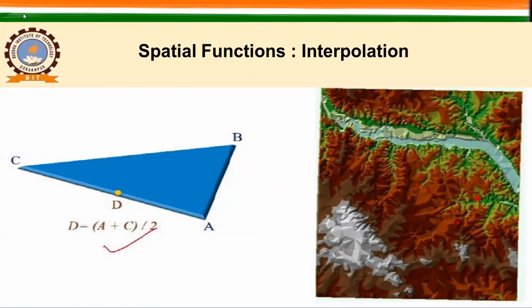Similarly to what we did in the previous slide, you have this triangle A, B, C, and A and C have a point D at the midpoint. So here it will be very easy. D is equal to A plus C divided by 2, so just half of A and C. These are very basic operations of interpolation. Now let us see what else we can do in interpolation.